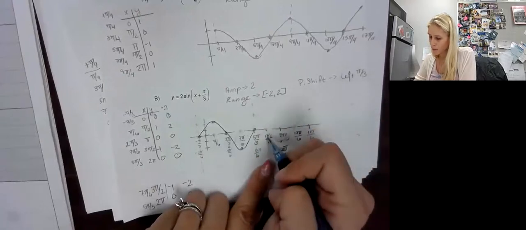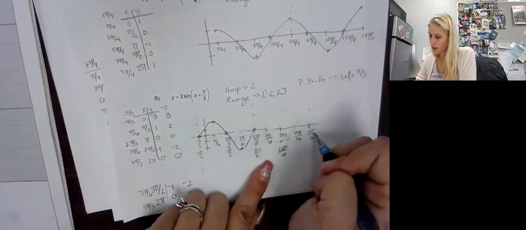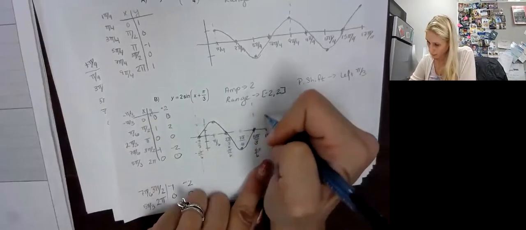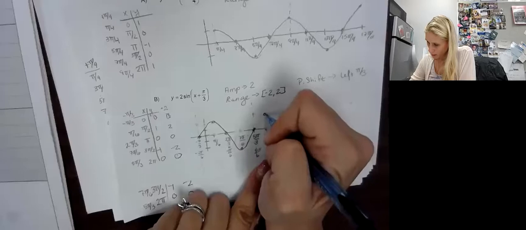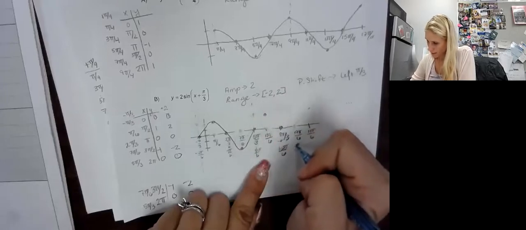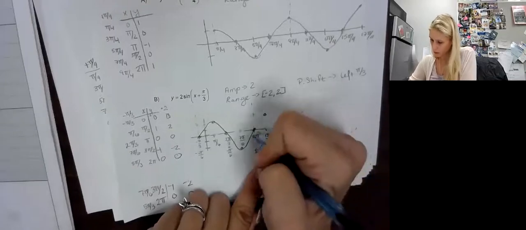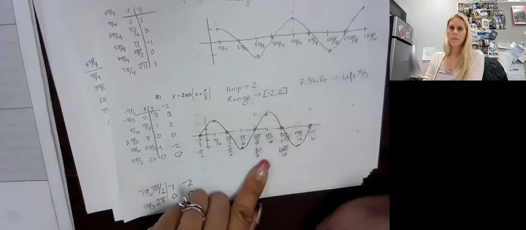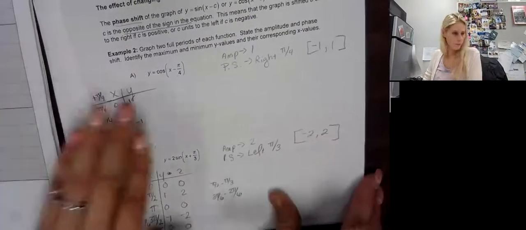So that's how I was able to get these values quicker. Okay, so let me continue. That means we have up, 0, negative 2, and 0. There is our second period. Okay, kind of glad I made that mistake so I can show you.